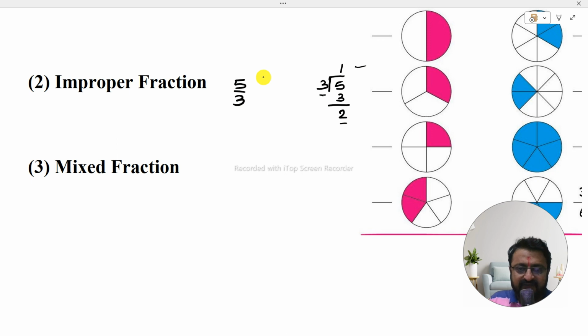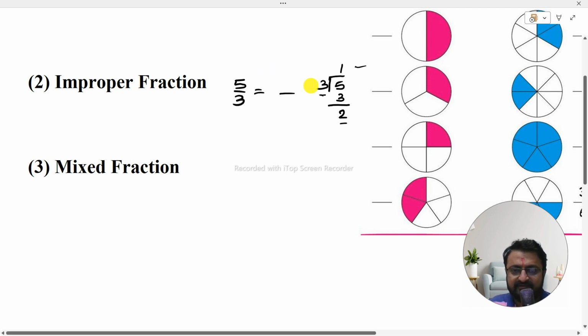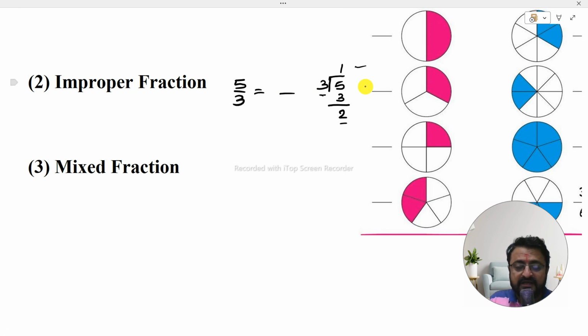Now I will make the same kind of positions to convert into a mixed fraction. When I draw this line, you automatically get 3 positions: the mid position, the upper position, and the lower position. I did the division.